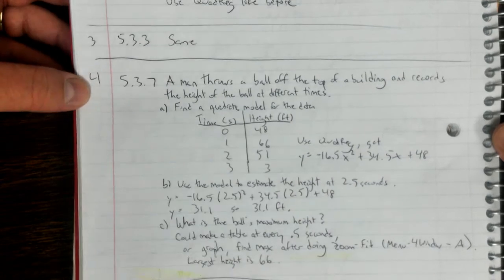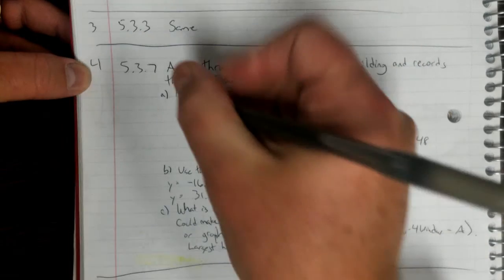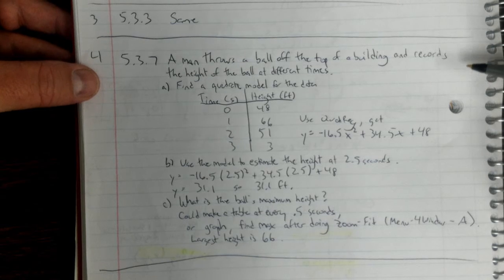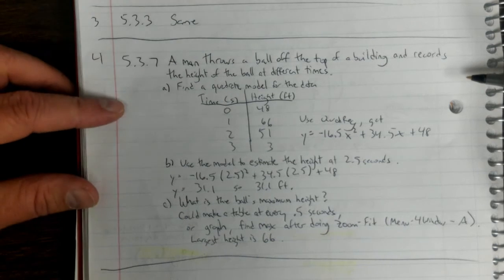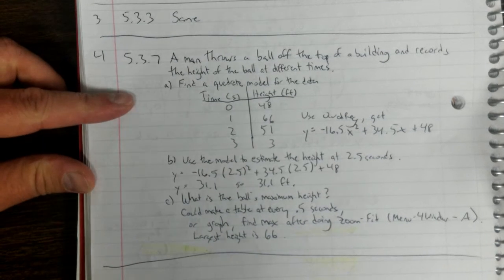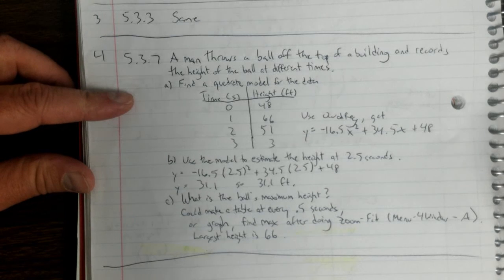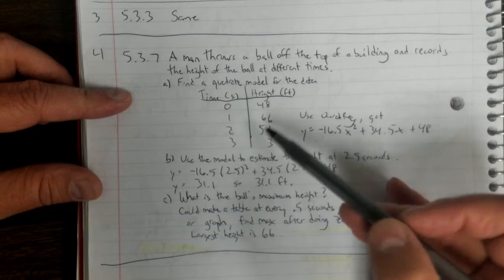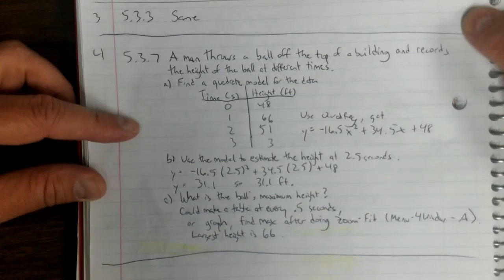Now on the next one, number 4, it says, a man throws the ball off the top of a building and records the height of the ball at different times. Find a quadratic model for the data. So you have your time in seconds and your height in feet, and then you have your table.